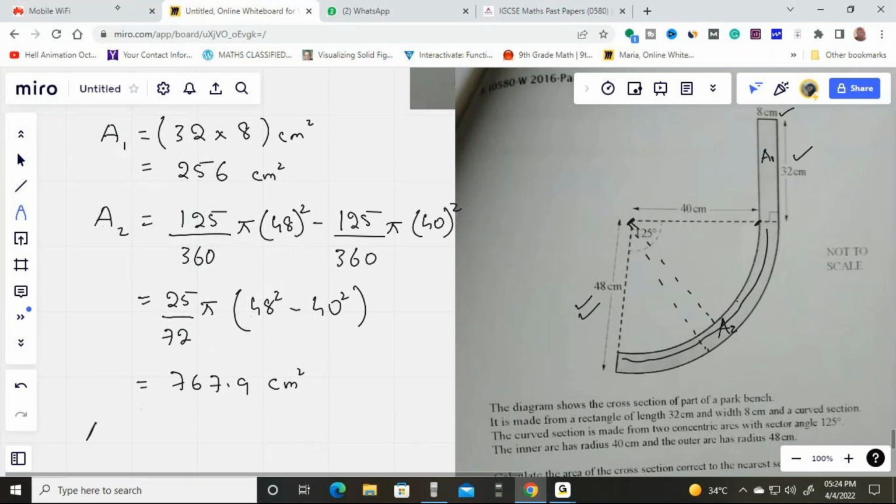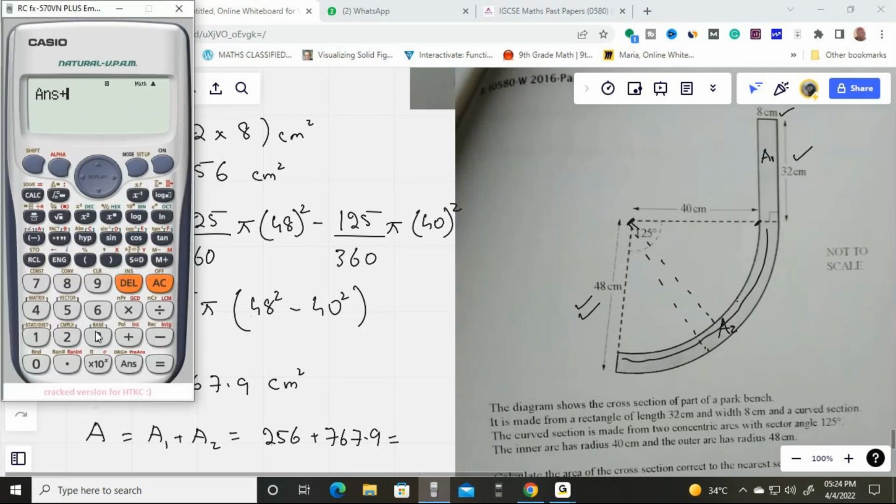And I'm going to find the total area, which is A1 plus A2. 1,023.9, which is 1024, rounded to the nearest square centimeter.